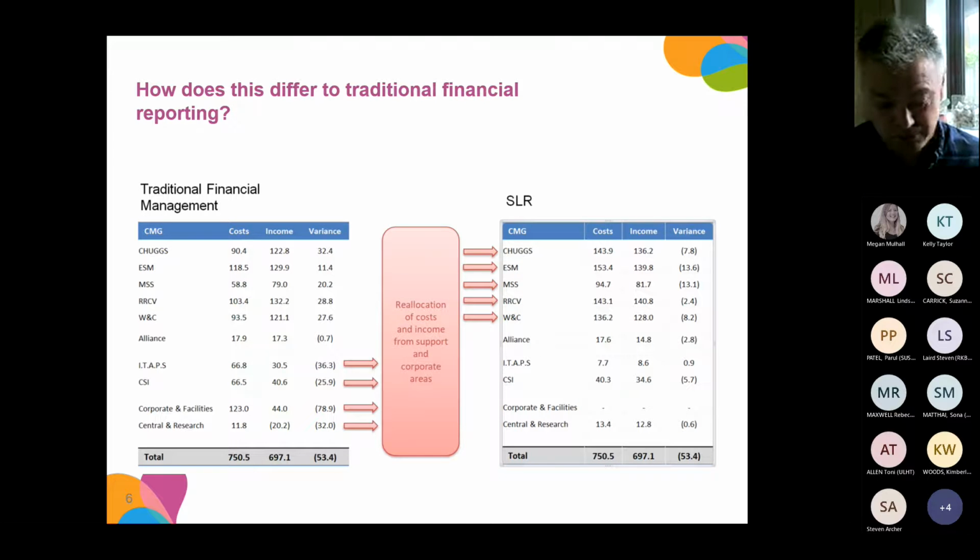So what service line reports is showing is the full cost of what it costs to run those services, including overheads, including things like theatres, therapies, radiology, pharmacy. So all of the indirect costs or the support service costs actually get rolled into the patient-facing areas.